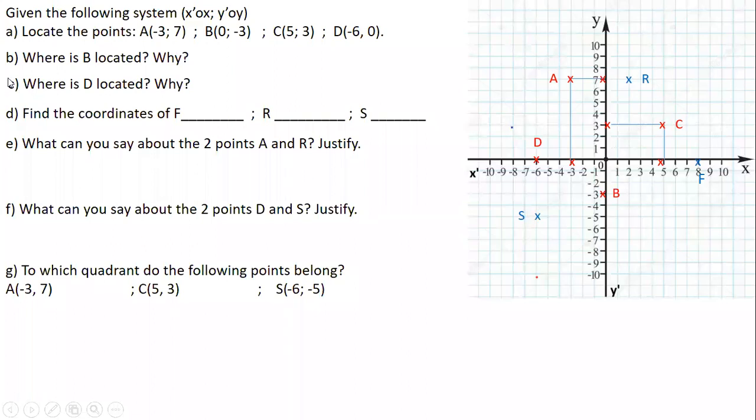Now in part B, let me move quickly to Adam Araouni. Adam? Yes. Part B, Adam. Where is B located? If you look at B, it has a 0 abscissa, so it will be located where?